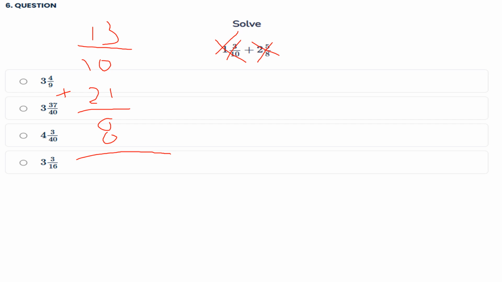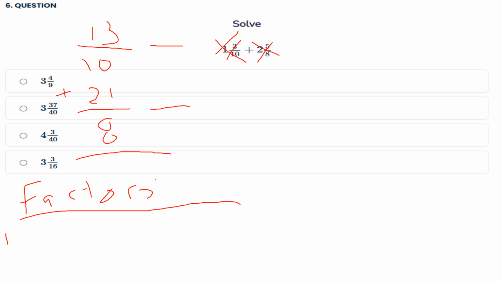So what I do is put my lines there. Then I need to come up with the lowest common denominator, and to do that, I need to find out what the factors of each number are. And we have 10 and we have 8.